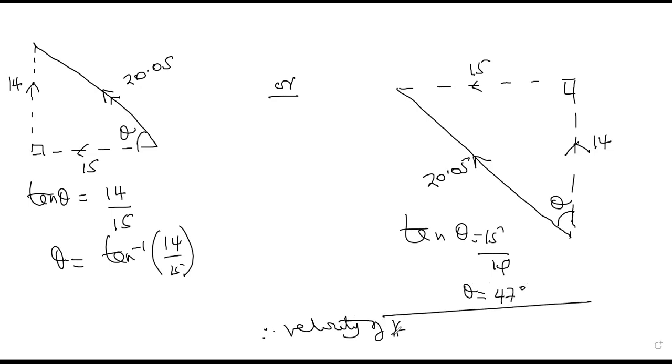You have to conclude that therefore, the velocity of A relative to B is 20.05 kilometers per hour in the direction, first mention north, 47 degrees, then west.